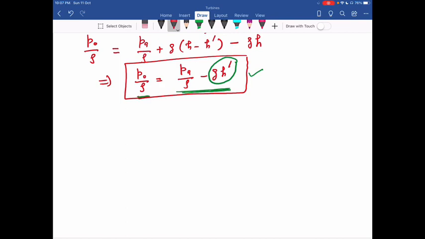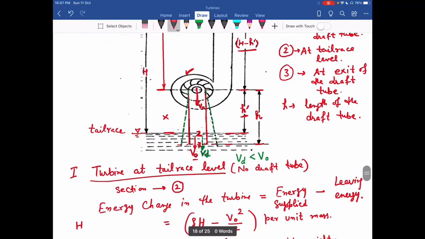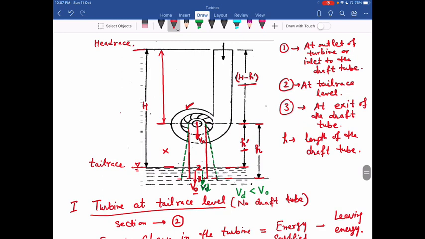So now I write again the energy transfer. That is equal to the energy at the inlet. Now the energy at the inlet, you can see in this diagram, the turbine is above the tail race level with the draft tube of uniform cross section.